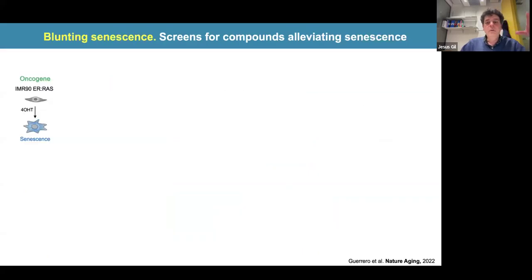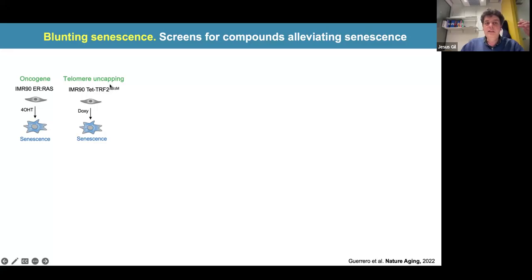So for example, one of the ways that I mentioned that we can try to target senescence is by blunting the induction of senescence. And we did that in our model of oncogene-induced senescence. And also we did it in another model of telomere uncapping, where we can inducibly express a dominant negative version of one of the proteins that cap the telomeres, so TRF2 is part of the shelterin complex.